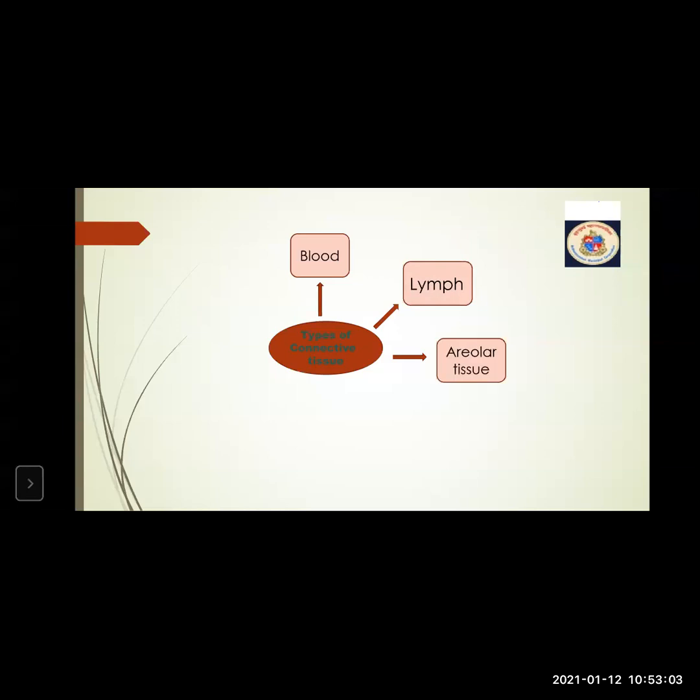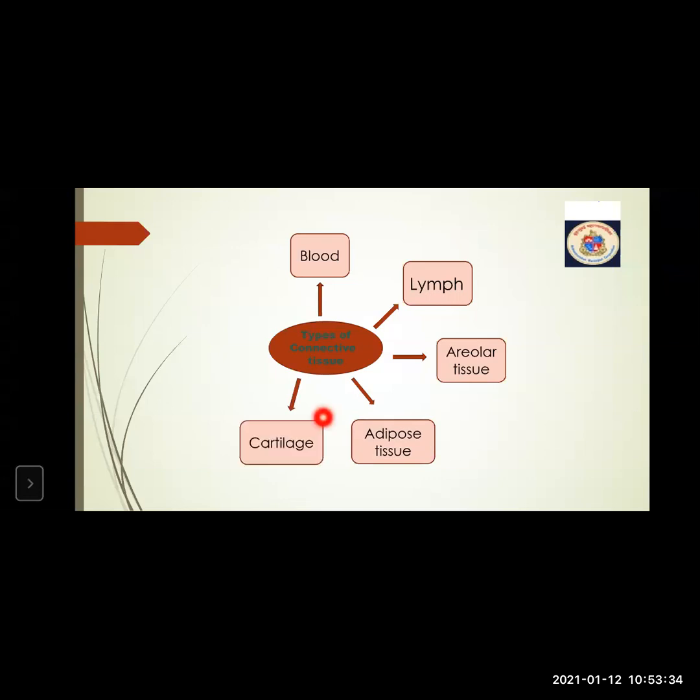Then next is areolar tissue. This is a fibrous connective tissue. It consists of different types of fibers and even cells. The ground matter in this case is jelly-like. Next is adipose tissue. This is also known as fat tissue, fatty tissue, as the main function of adipose tissue is storage of fats. Next is cartilage.